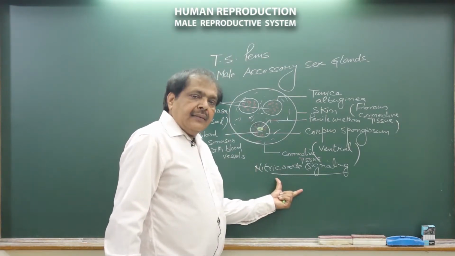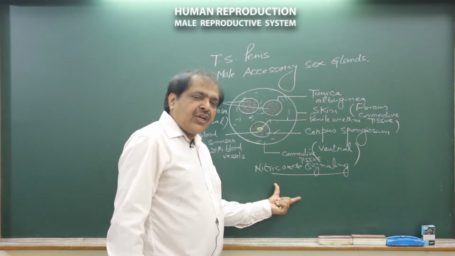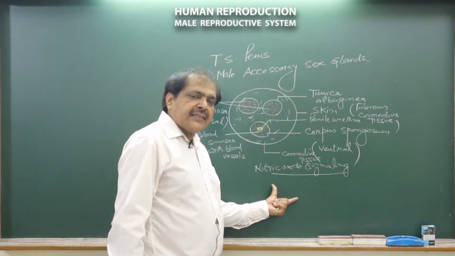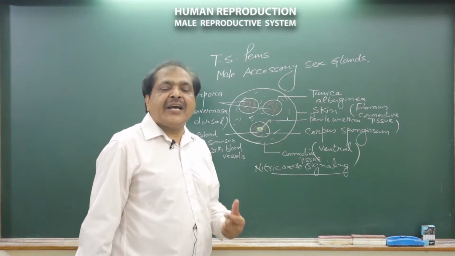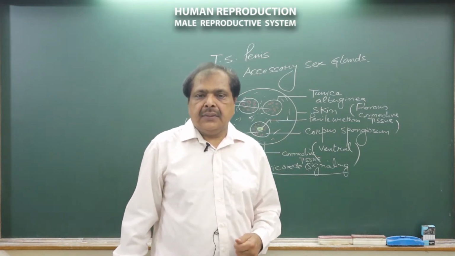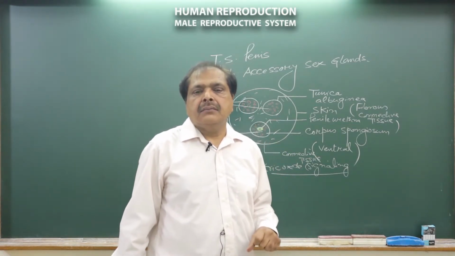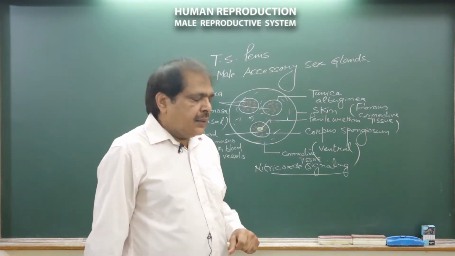And when erection of the penis occurs, then there is ejaculation of the sperms in the vagina of the female.